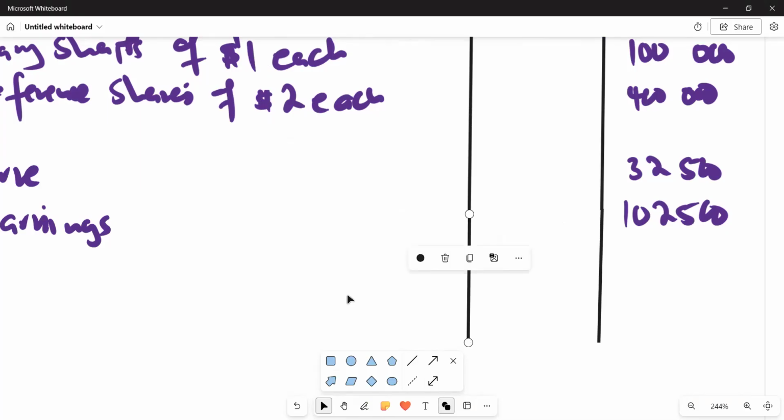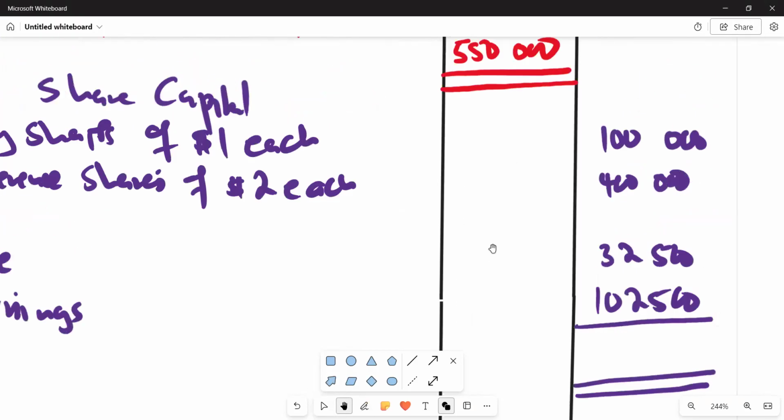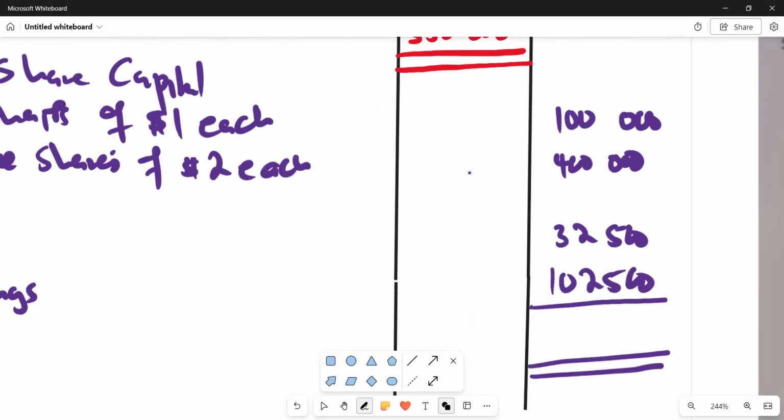So this is what we have. Obviously we will now add so that we get the total for our equity. Basically, we are adding everything that we're having in this last column, where we're saying 100,000 plus 400,000 plus 32,500 plus 102,500.